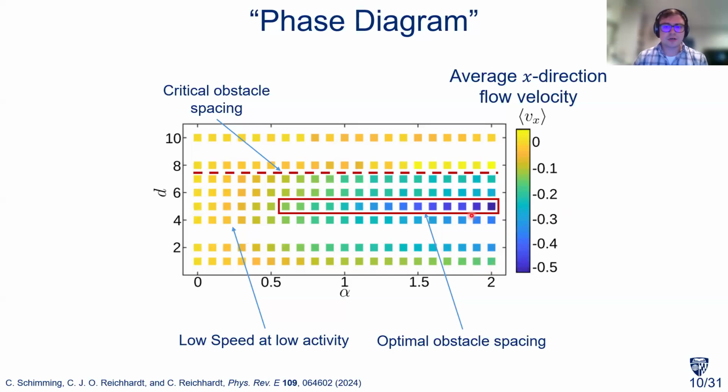At least at large activities, what's happening when the gap size gets very small is negative topological defects will sit in between the obstacles and block the positive defects from getting through. And so you have this defect blocking, which lowered the overall speeds. And so that sort of gave us this optimal obstacle spacing, where at this spacing, the positive defects could still get through and generate flows all the way through the system.